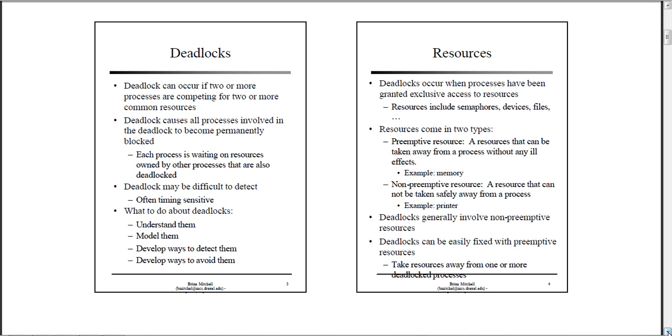An example is memory. Non-preemptive resources are resources that cannot be taken away safely from processes. An example is a printer. Deadlocks generally involve non-preemptive resources. Deadlocks can be easily fixed with preemptive resources: take resources away from one or more deadlocked processes.